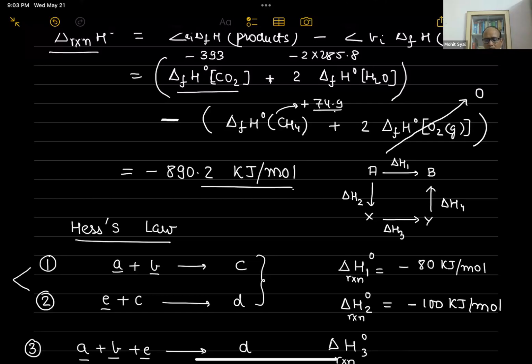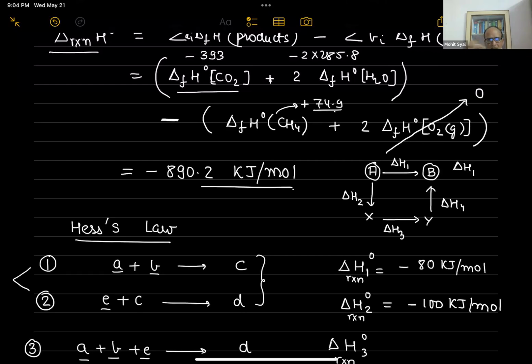So what is the relationship between delta H2, H1, H3, H4? They will all be the same? Suppose you are going from A to B directly, the enthalpy change is delta H1.